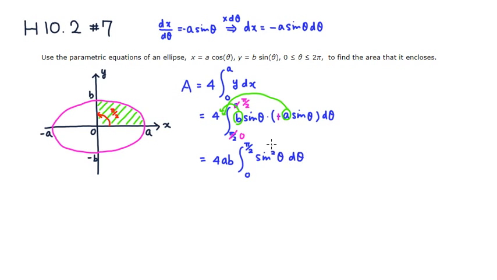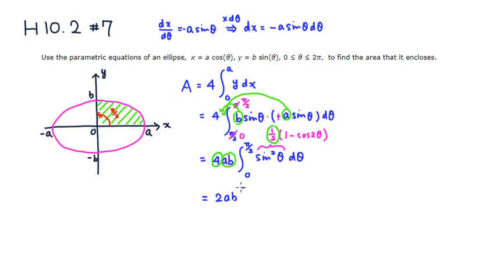Using a trig identity, sine squared of theta is 1/2 times 1 minus cosine of 2 theta. I'm going to combine 1/2 and 4 to get 2, and we still have a times b.